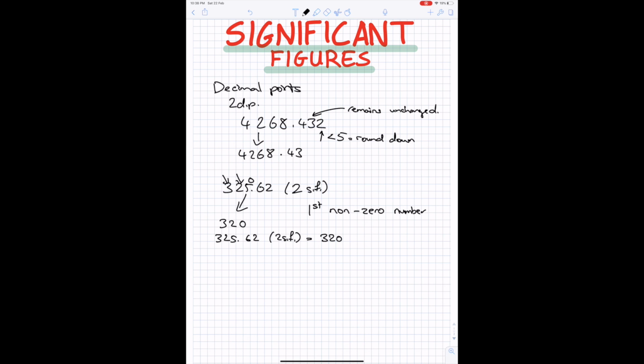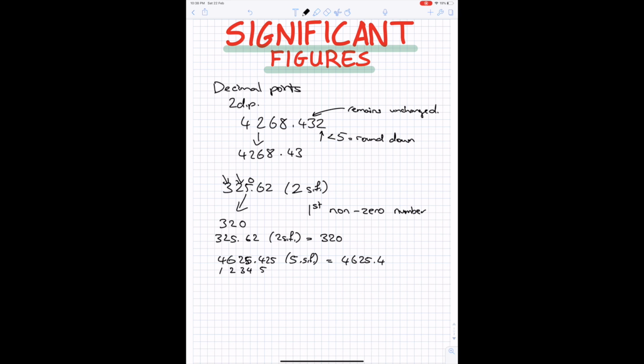Okay, what about 4,625.425 to 5 significant figures? That would be 1, 2, 3, 4, 5, so you would get 4,625.4.